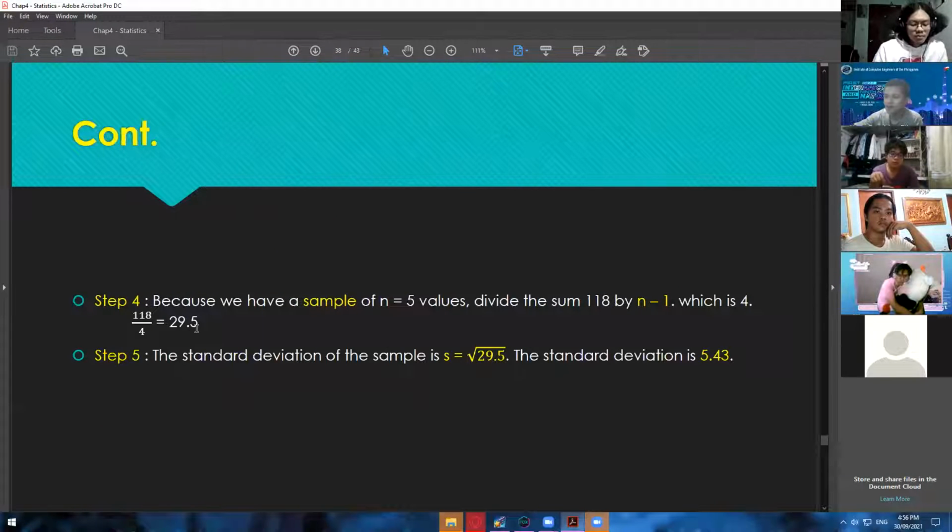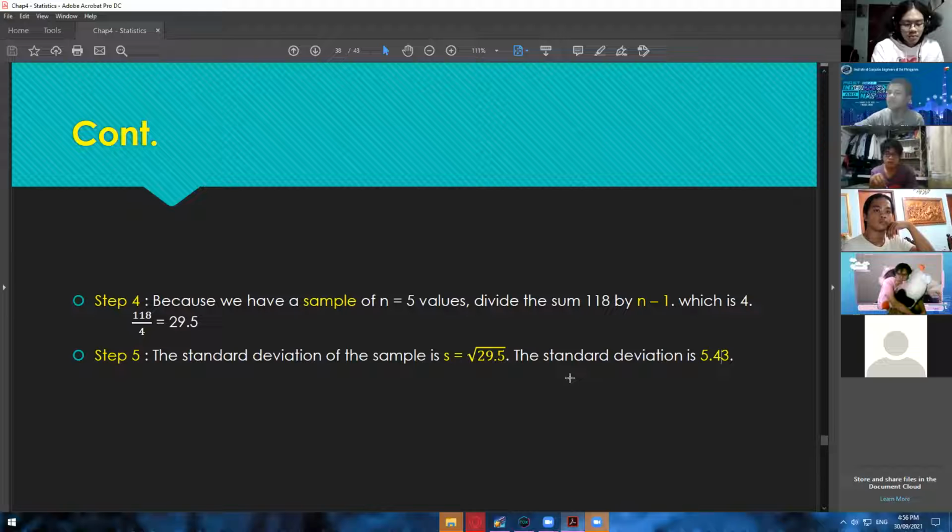So we have here the standard deviation, which is the square root of 29.5, which is 5.43. All we need to do is square that one. And as you can see, the variance is actually equal to the value of our step number 4. If you square this, you're simply canceling the square root, and it will go back to the 29.5 itself.